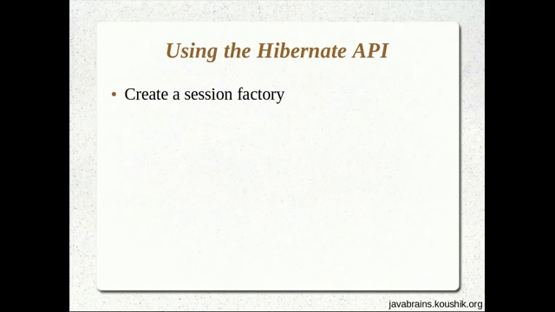Now, if you want to save something, you get a session from the session factory and then you use that session to save. But you would need a session factory to be created upfront in your application, so that all the different methods and all the different pieces of code in your application use the session factory to get hold of the session objects. Now this session factory is created out of the configuration that we've already done.